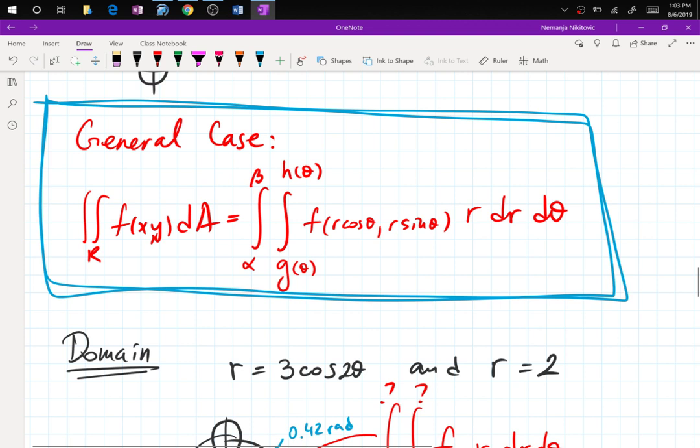So there will be 4 different flavors. We also had 4 different flavors here, right? Rectangular, general, polar rectangular, and then polar general. So 4 of those in here as well. And we'll categorize all of that so we'll make sure that you can keep track of everything. Bye.